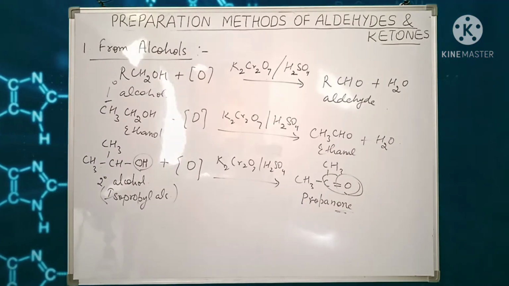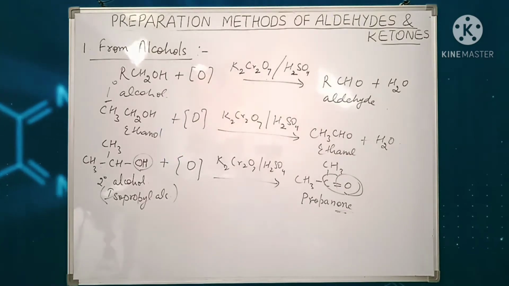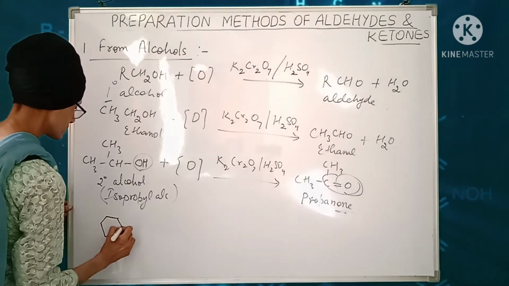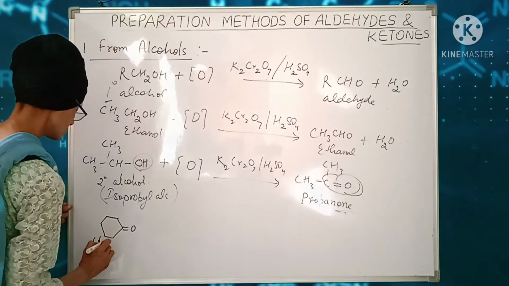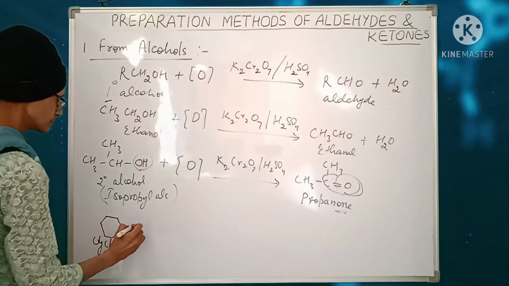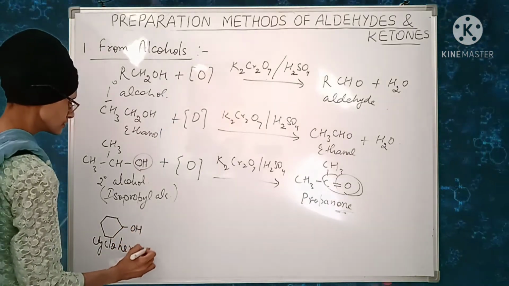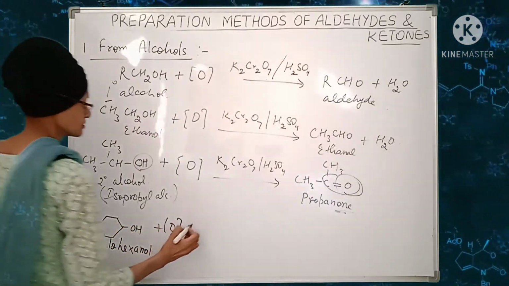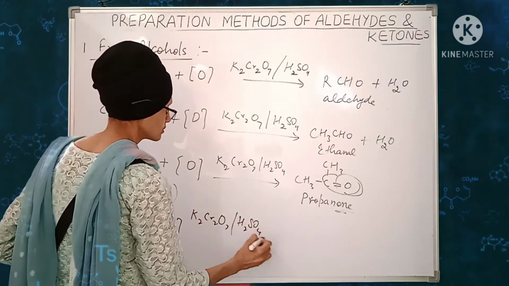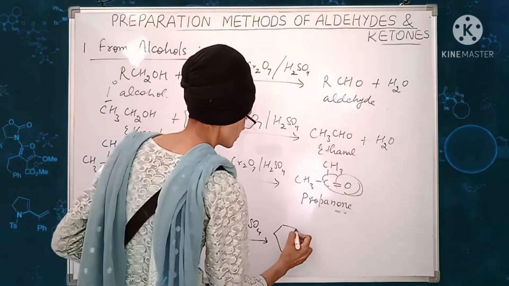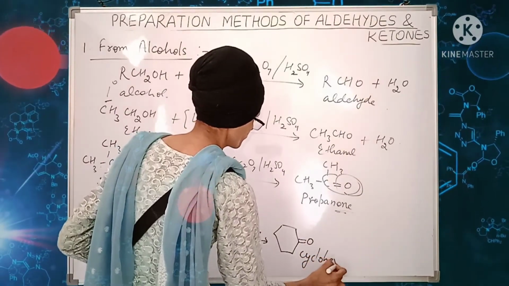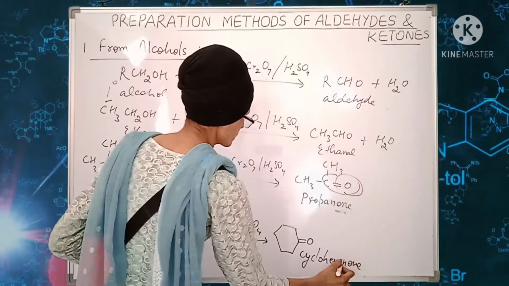Similarly, cyclic alcohols can be oxidized to cyclic ketones. You can see here, this is cyclohexanol, which in the presence of oxygen changes to cyclohexanone, a ketone.